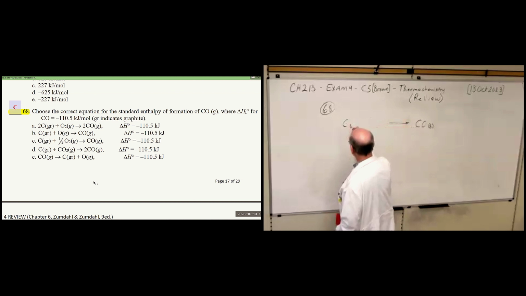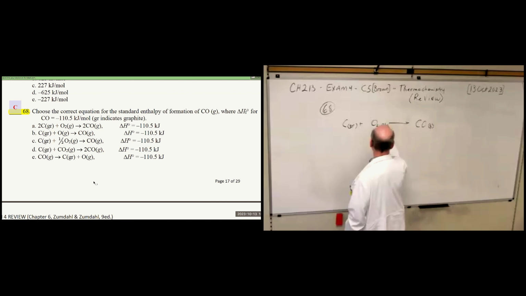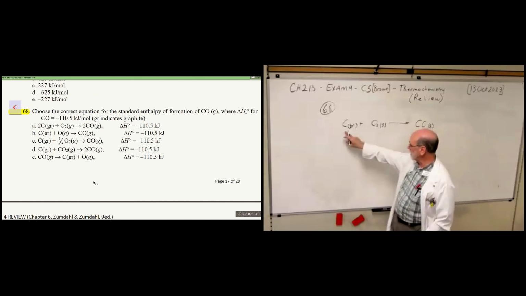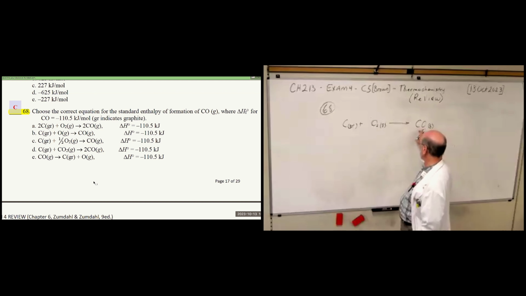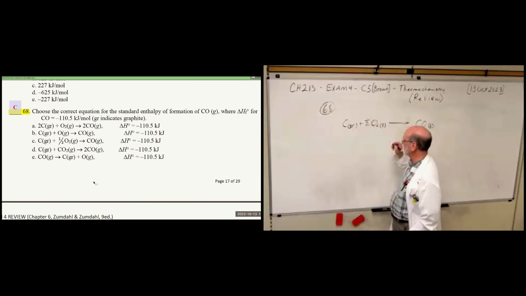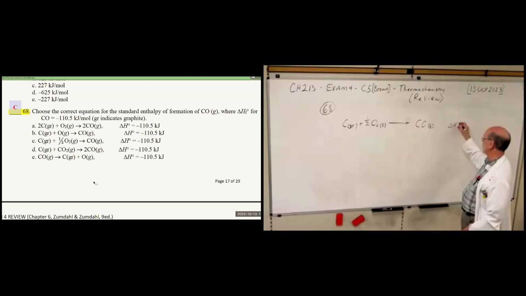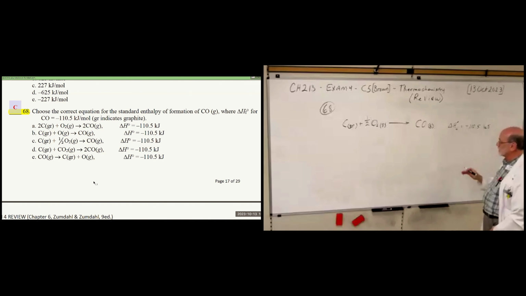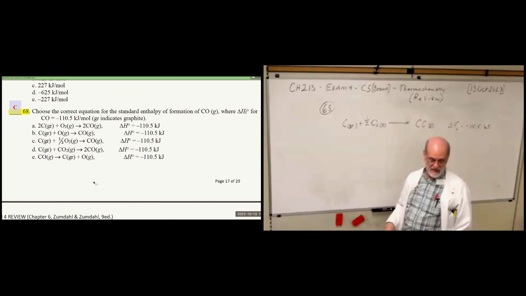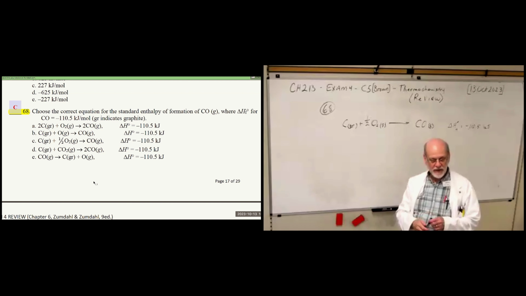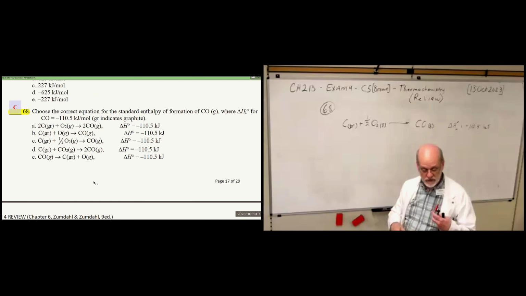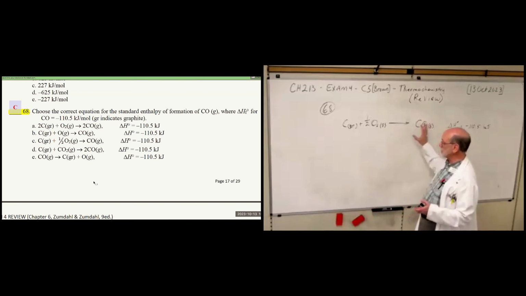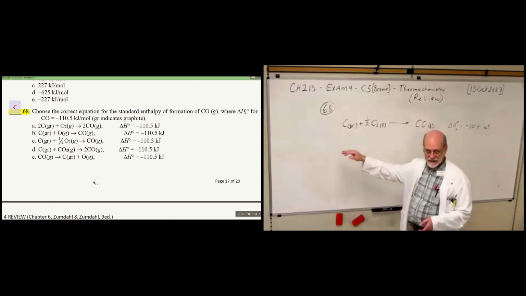So we're going to have graphite here and oxygen gas here. We've got one C already. That's good. We need only one oxygen, so we need a half there. And the delta H of formation is given to us, minus 110.5 kilojoules. So which one matches that? C. Okay. That's how you do heat of formation equations. You start with the product, work your way back.